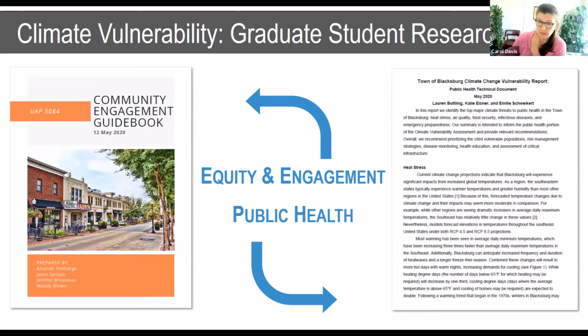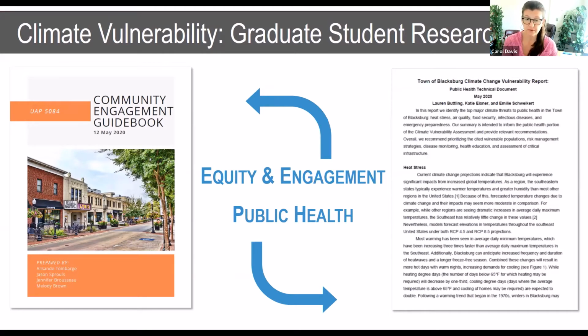I had three Masters of Public Health students do their capstone project on identifying the climate-related public health impacts that we should be looking at. And some of these really surprised me, things I didn't know about, like how diabetes can make a person much more vulnerable to heat stress. And also northward progression of disease vector insects that we don't typically think of having to deal with in this area.